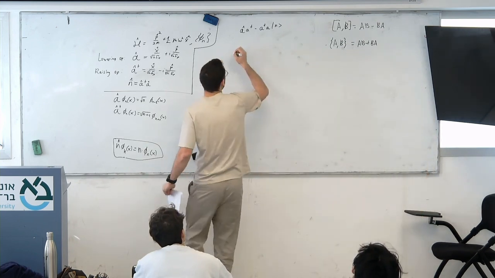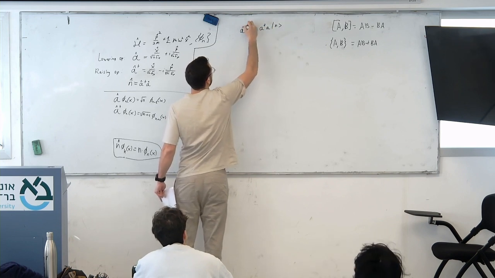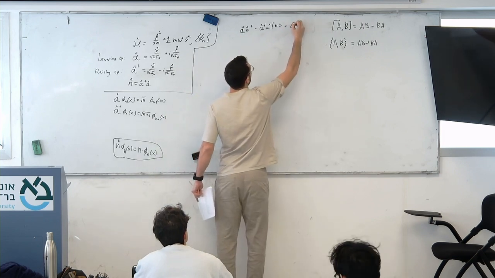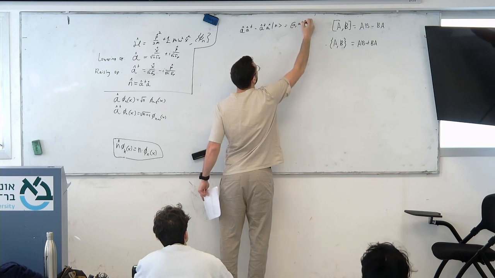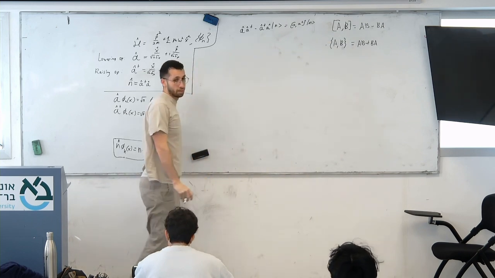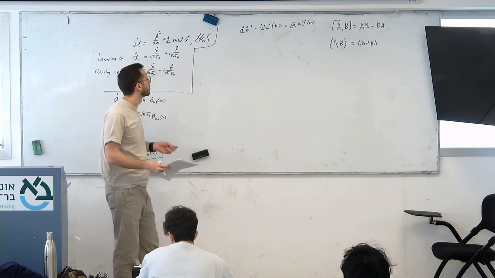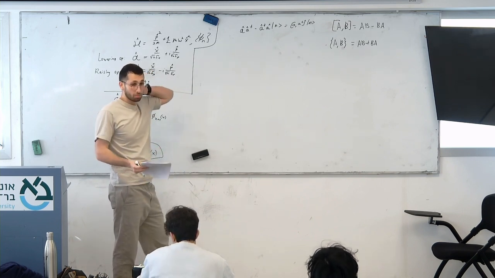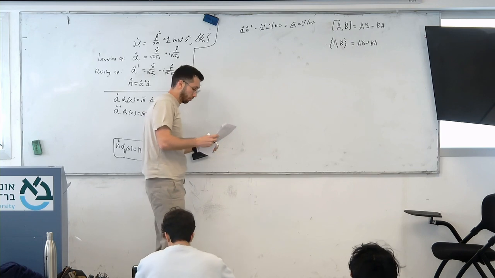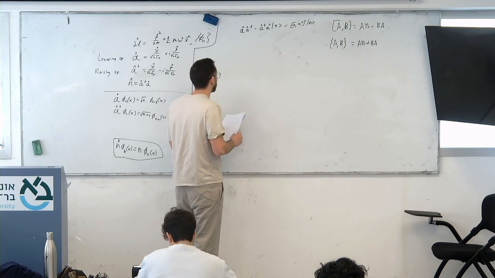Here what we have is basically a dagger over some eigenfunction n, eigenmode. So let's solve it.